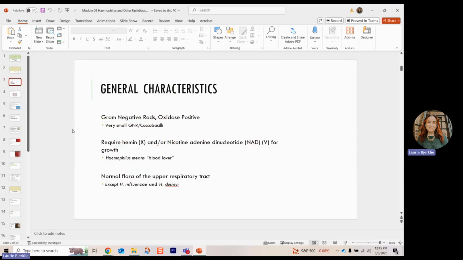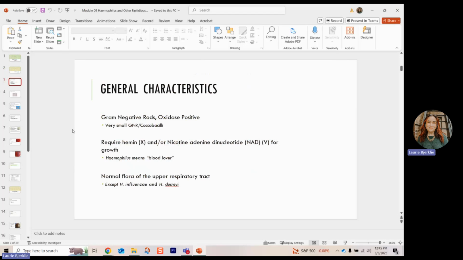So general characteristics, specifically for Haemophilus now. They're gram-negative rods, but they're very tiny gram-negative rods. Sometimes they are called gram-negative coccobacilli, meaning they have that intermediate shape between a rod and a cocci, so they're more like oval or ovoid.